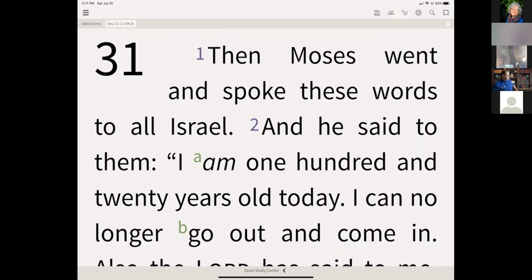And the book of Deuteronomy is basically 30 chapters, and I will switch the share screen again to show a different screen here.